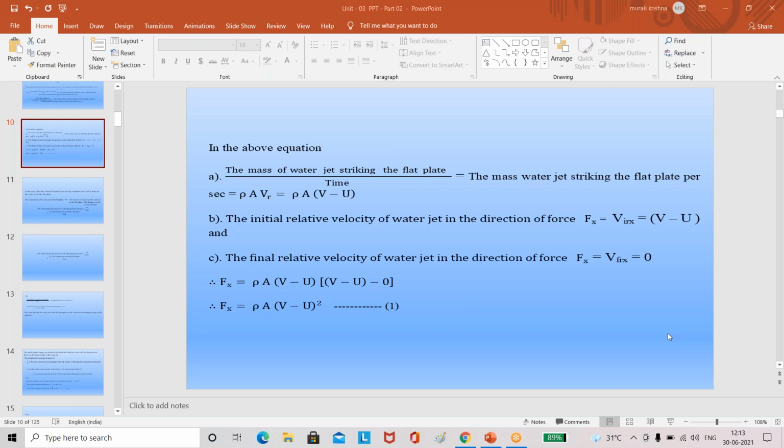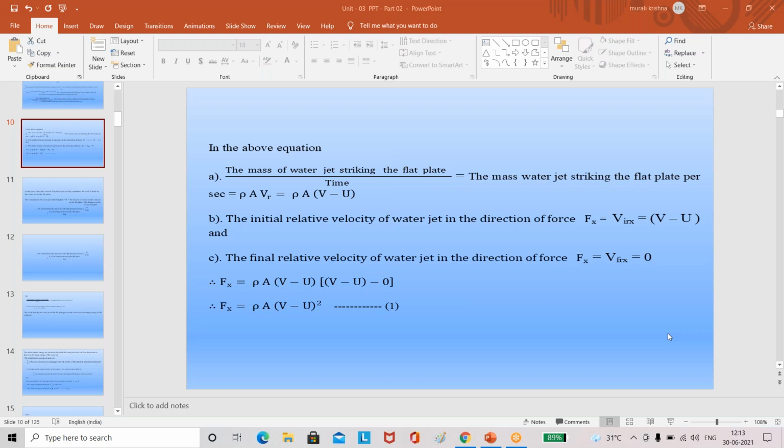So the force Fx exerted by the water jet on the moving vertical flat plate did work on the flat plate. Last class we discussed the equation for that work done.